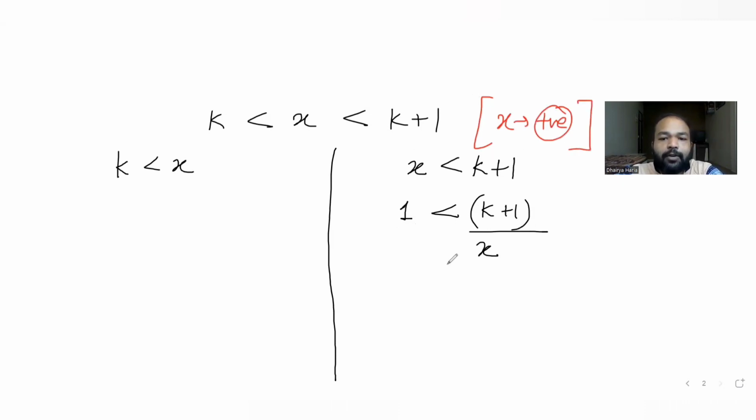So I get 1 is less than (k plus 1) upon x.